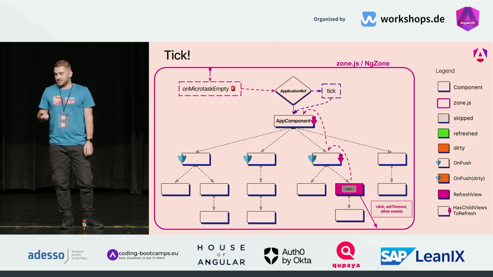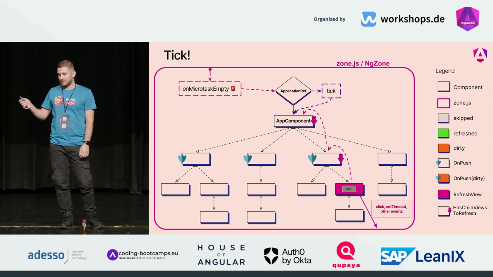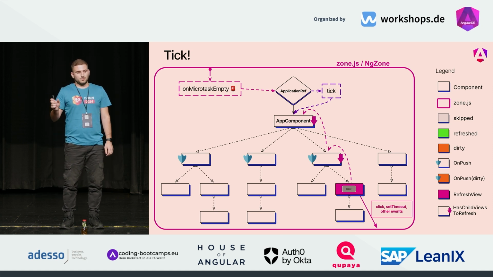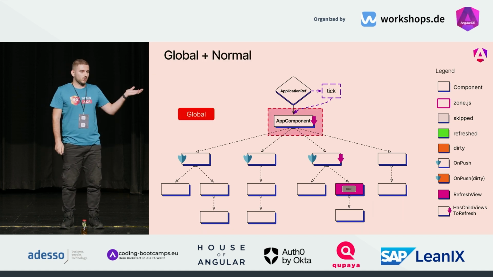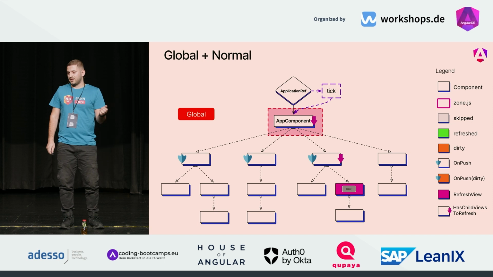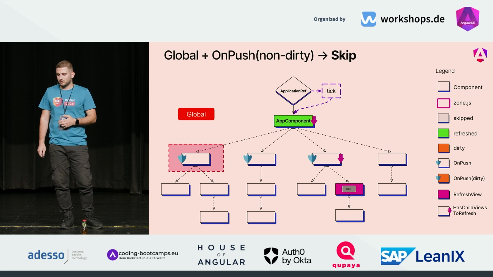So what happens is we have app component now. We need to do some top-down rendering. App component has child views to refresh, but has default change detection. What happens is we are in global mode by default. And in global mode, every component that has default change detection, we just refresh. Then we go to the first one.